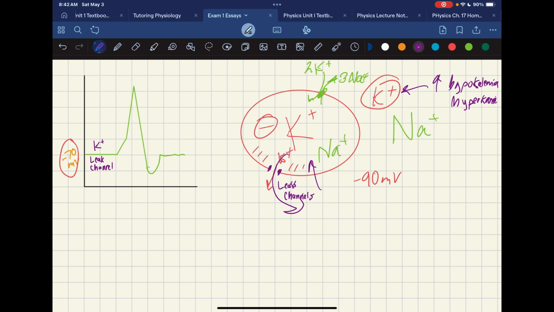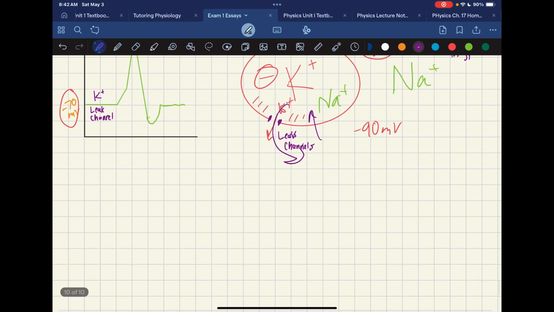Other factors that can affect the RMP magnitude are as follows.